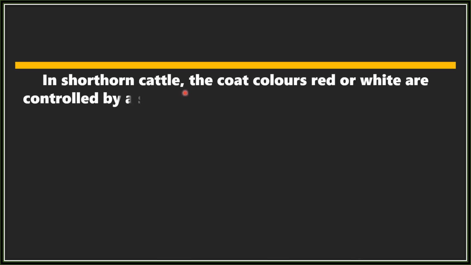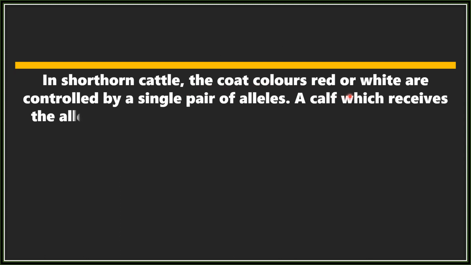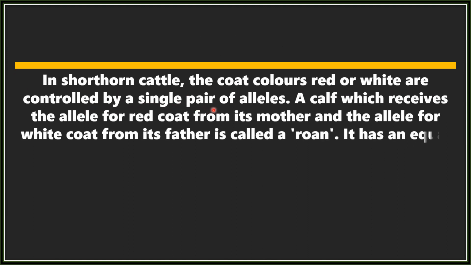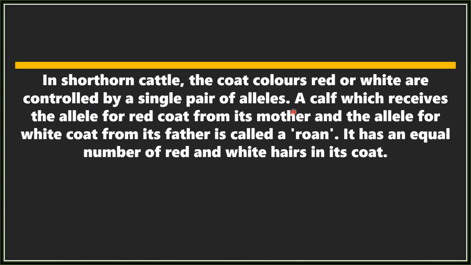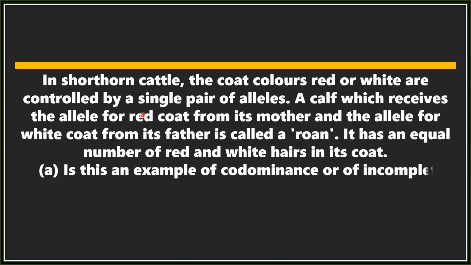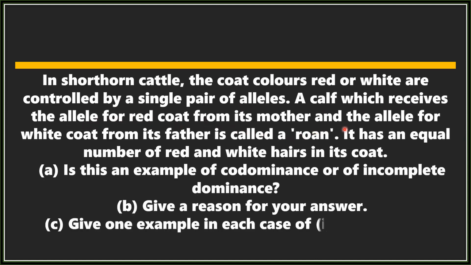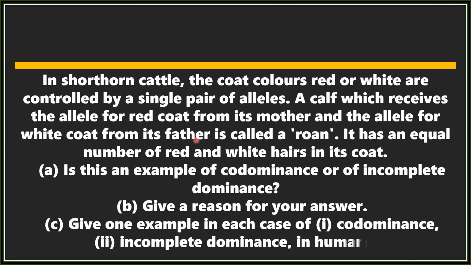In shorthorn cattle, the coat color, red or white, is controlled by a single pair of alleles. A calf which receives the allele for red coat from its mother and the allele for white coat from its father is called a roan. It has an equal number of red and white hairs in its coat.